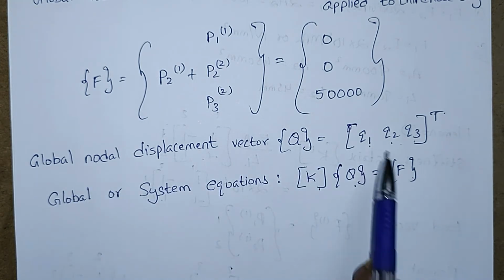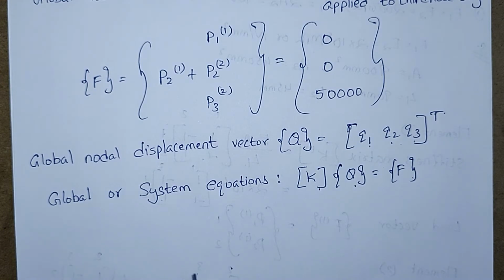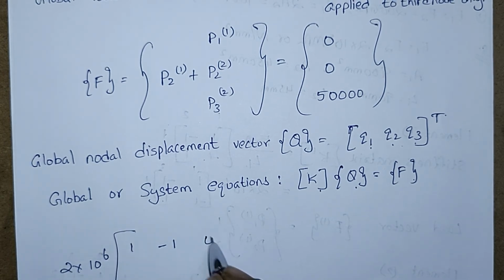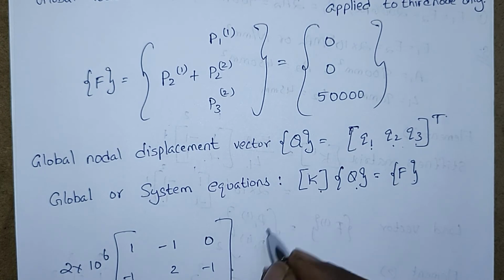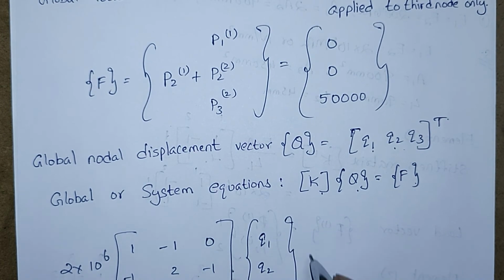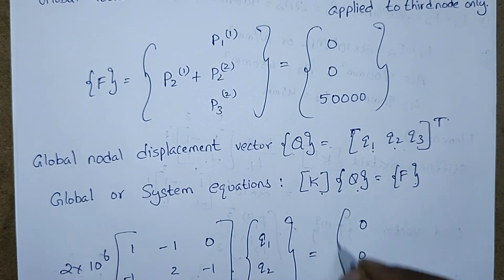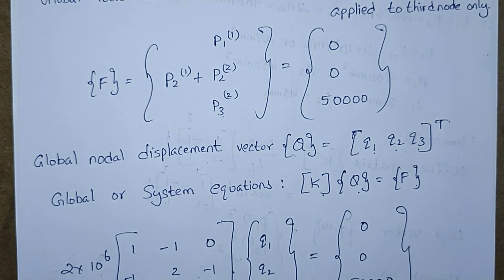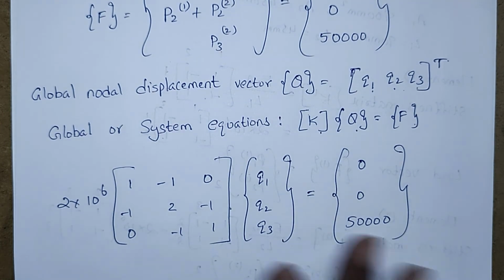Now we will put the values here: 2 into 10 to the power 6 times the matrix [1, -1, 0; -1, 2, -1; 0, -1, 1] into [q1, q2, q3] is equal to [0, 0, 50,000]. I think all of you understood how we got this step.